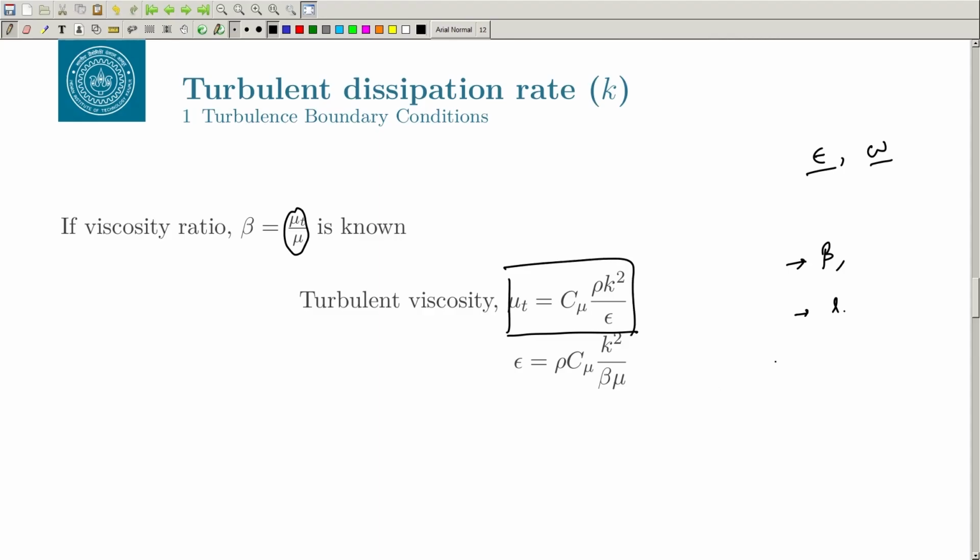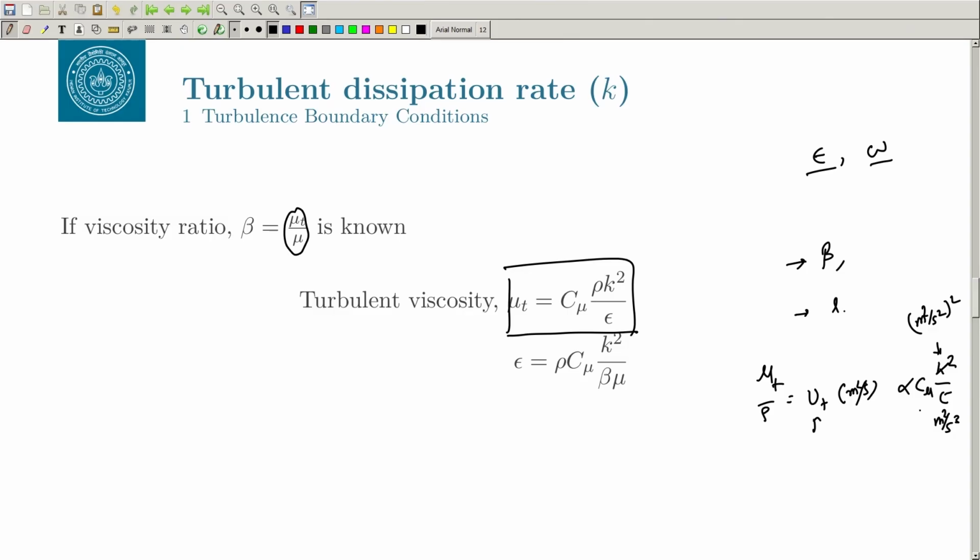If you recall, mu t by rho was equal to nu t, which is the eddy viscosity, with unit meter square per second. To get that same unit, it has to be proportional to K square by epsilon, where K is in meter square per second square, and epsilon is meter square per second cube, whole square. So, that will give you meter square per second, and the proportionality constant is C mu.